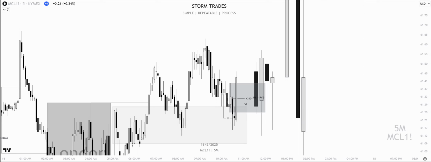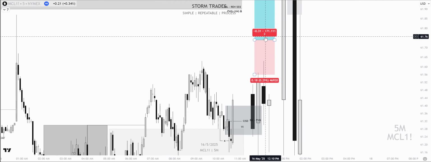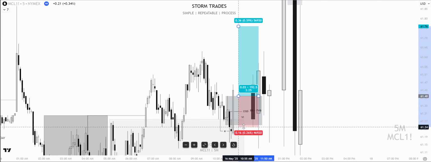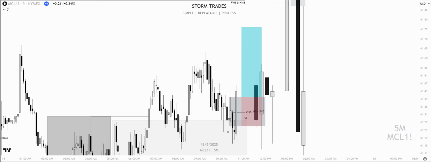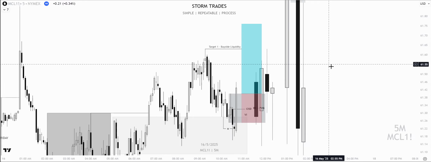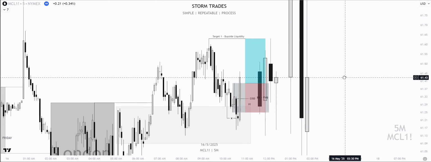And I would start to look for trades here. Okay, and my most obvious draw on liquidity is this target. This was my first target, right? And I was just looking to make a trade to here at first, right?